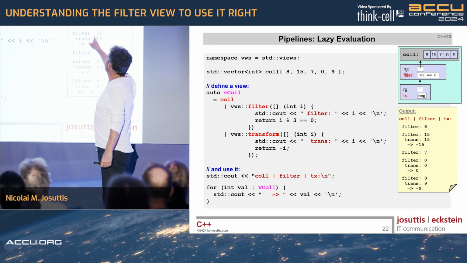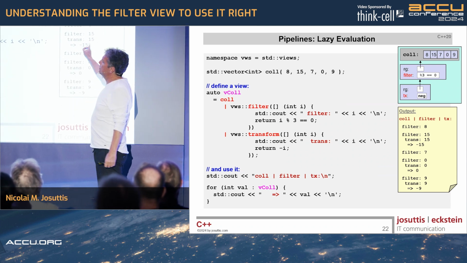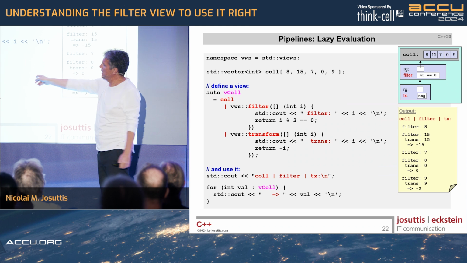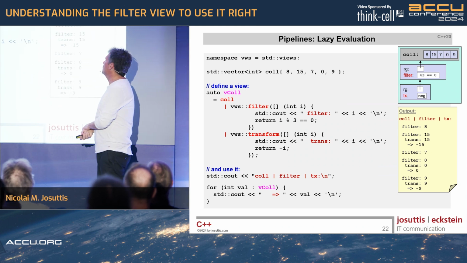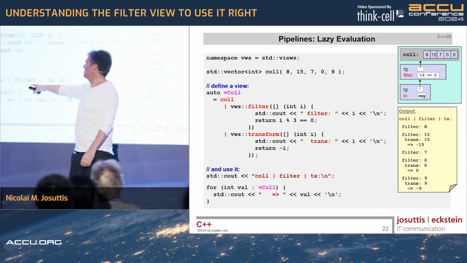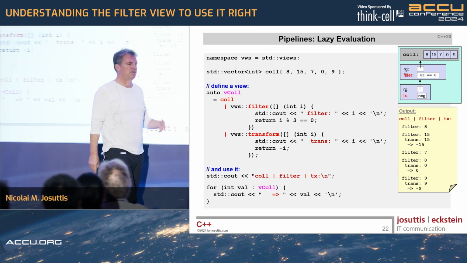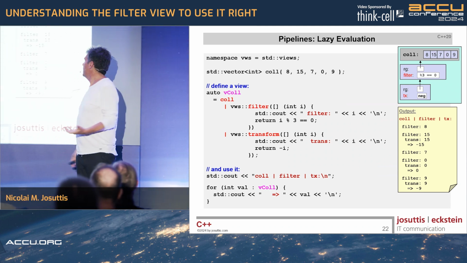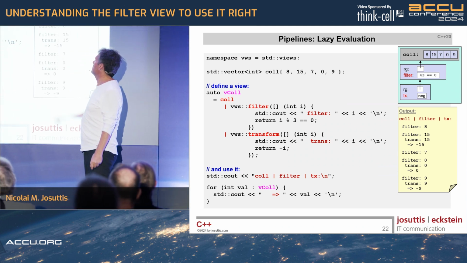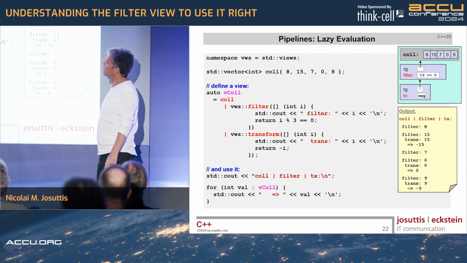Filter looks at the 8, rejects it. Filter looks at the 15. The 15 is passed to transform, and that is then passed to the range-based for loop, which is internally iterating and asking for the first element and then for the value. And then we have the right value, which is minus 15, and it's printed.